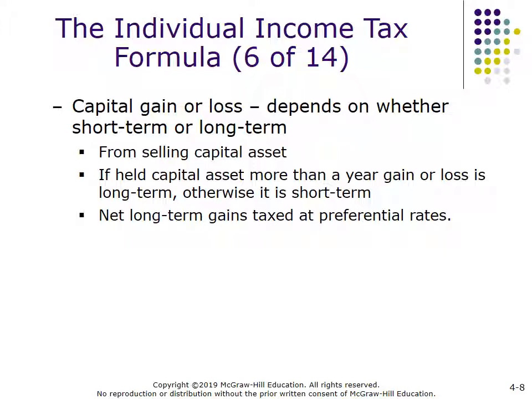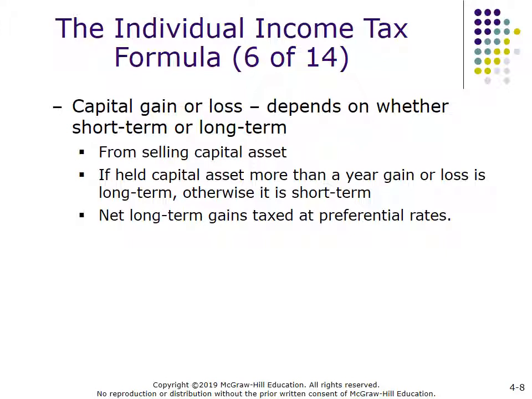And we say, that's what you put into this asset. We call that adjusted basis. And we subtract that from the selling price. So if you sell your stock in Facebook for $20,000, selling price $20,000. If you originally bought that same stock for $12,000, then the first $12,000 of that $20,000 isn't taxed. It's a return of your original investment, your return of capital. So it's only the excess that would be taxed as a gain or subtracted as a loss.